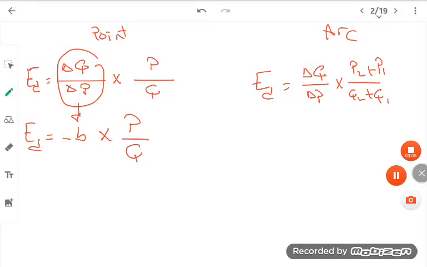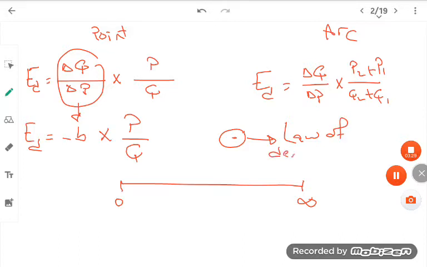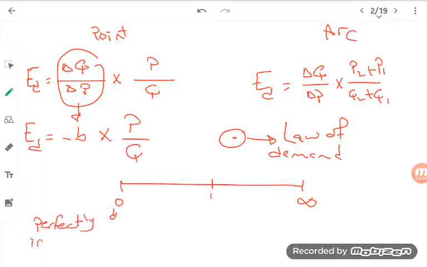The value of elasticity ranges from 0 to infinity. And as we said, it must be negative, as the negative stands for the negative relationship between price and the quantity demanded. So the negative sign is due to the law of demand. If it is 0, the demand is perfectly inelastic.